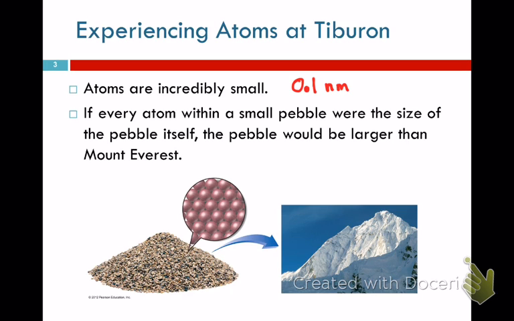It's a really tiny, tiny thing, okay? Just a thought, if you took every atom within a small pebble and made each one the size of a pebble, it would be as big as Mount Everest. That's how many atoms there are in there. Okay, so atoms are really small.